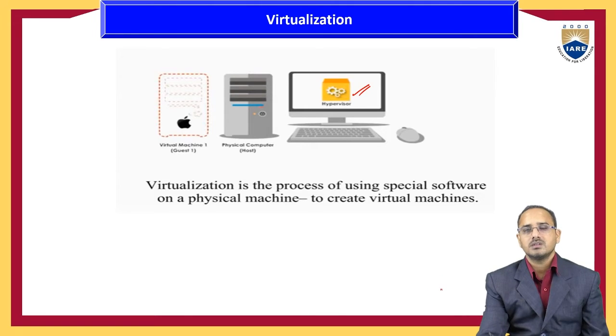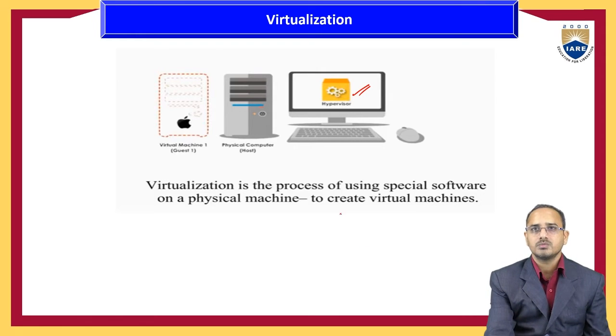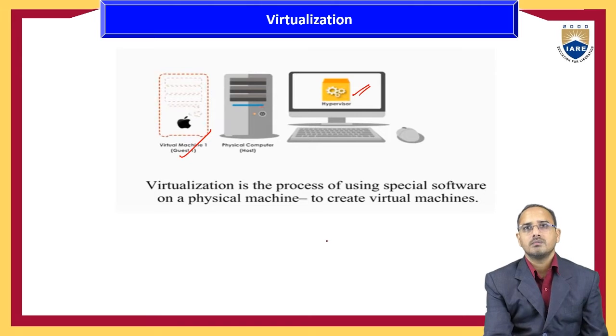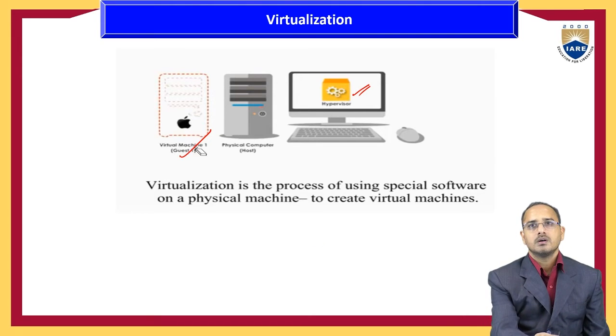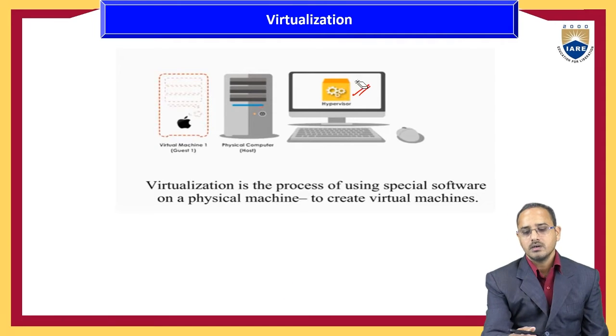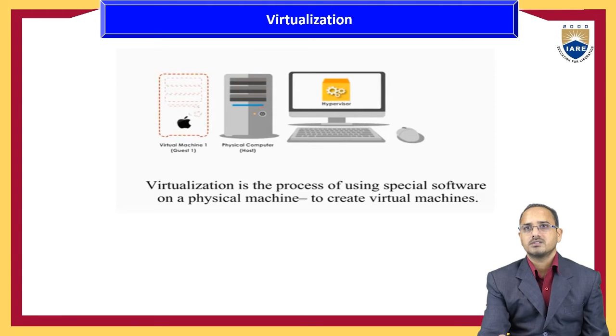Once the Hypervisor is installed on the host machine, a virtual machine is created, which is the virtual machine 1, and we call it guest 1. So the physical machine we call a host machine, and the virtual machine we call the guest machine.